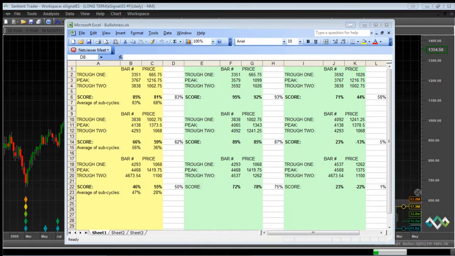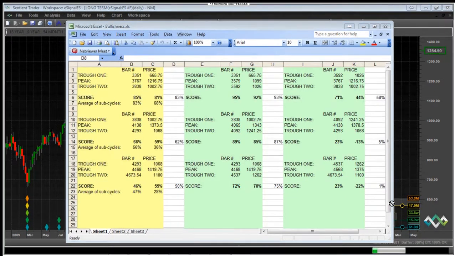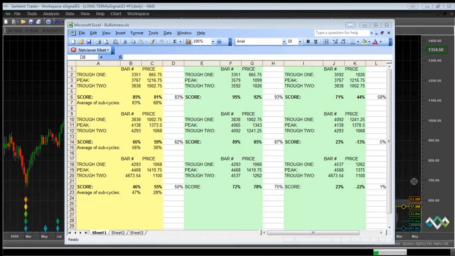Now, if we turn back to our numbers and take a look at the numbers for that 18-month cycle, and there they are, you will see that, in fact, the bullishness of that second 18-month cycle was less. There are the scores. 62% average, down from 83% average. So it was a distinctly less bullish 18-month cycle.